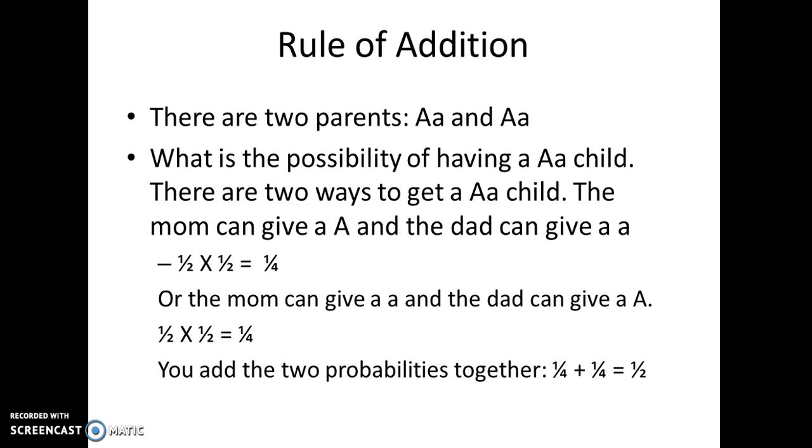Sure. So if we have parents, again, big A, little a, and big A, little a, what's the probability of having a big A, little a child? Well, there's two different ways of getting big A, little a, right? Mom can give a big A, dad can give a little a, that's 1/2 times 1/2 equals 1/4, half a chance of getting this big A, half a chance of getting that little a. But there's also another way.